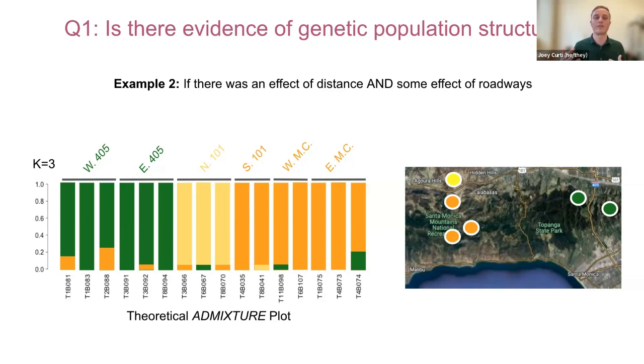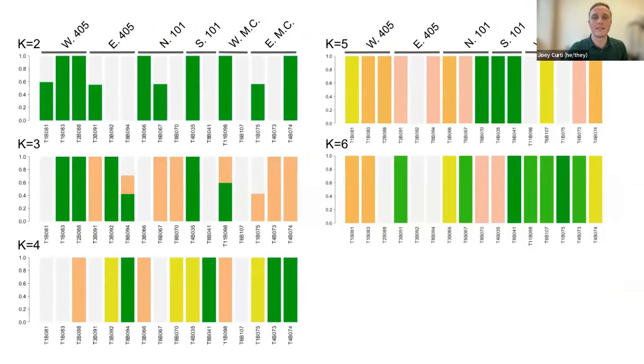And those are some of the a priori hypotheses that we might have when we run this analysis on real genomic data. And then let's see that. So these are the model outputs for our Quail across all of our sampling locations for our genomes that we sequenced for different models from 2 populations all the way to 6 populations.